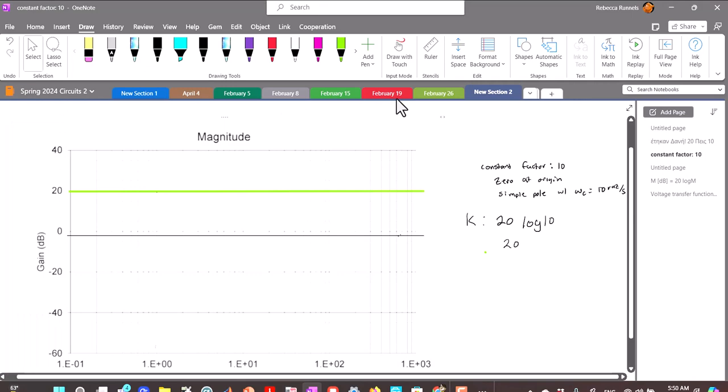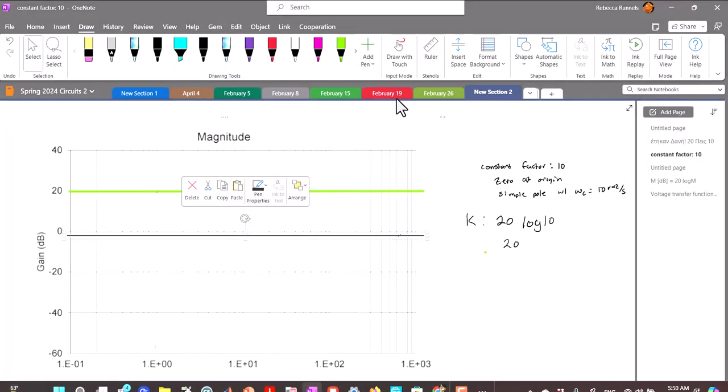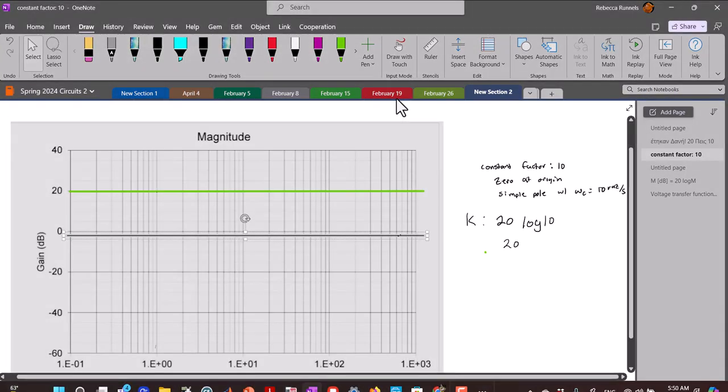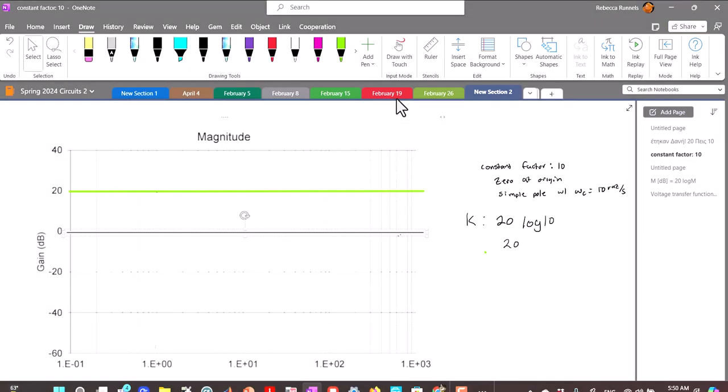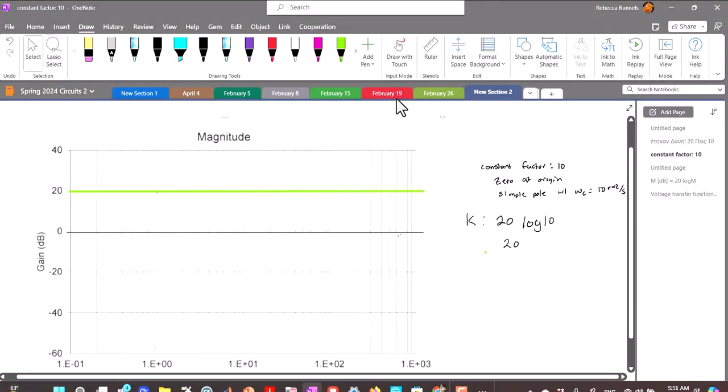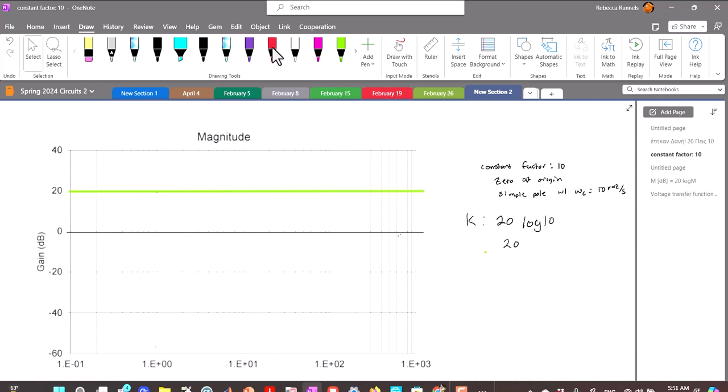That's just so I can see where my axis is. Okay, so there's my axis, and I need this to go through 1, which is right here, and has a slope of 20 decibels per decade.